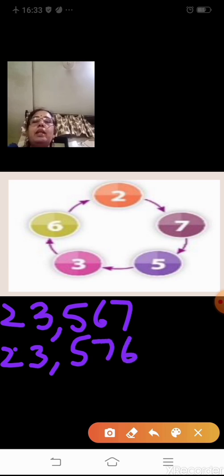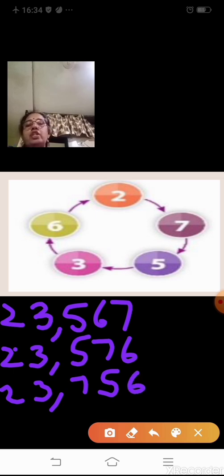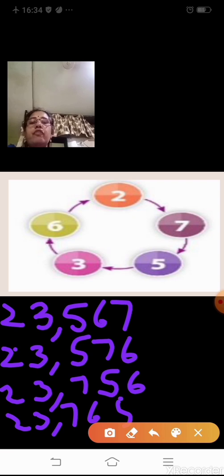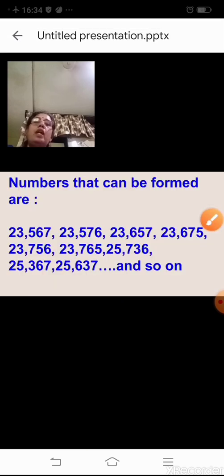Also you can form another number, 23,756. Again you can interchange these digits and form the number 23,765. Similarly, using the other digits you can also form numbers like 25,367 and 25,376.